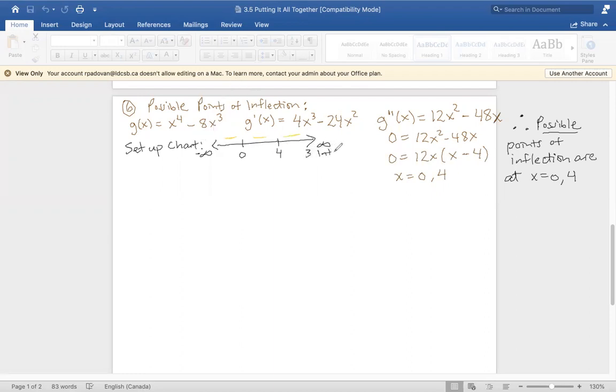Because I have 3 intervals, I know I'm going to have 4 columns. That just helps me set it up. My first column is factors of the second derivative, g double prime of x. Make sure you put g double prime of x. And then my intervals: negative infinity to 0, 0 to 4, and 4 to infinity. And create my chart.